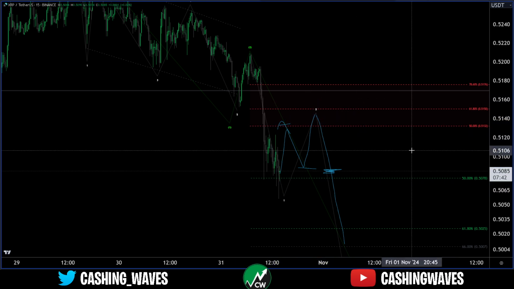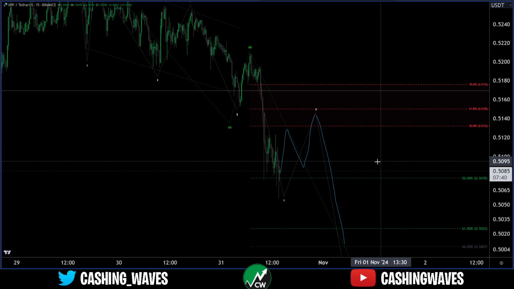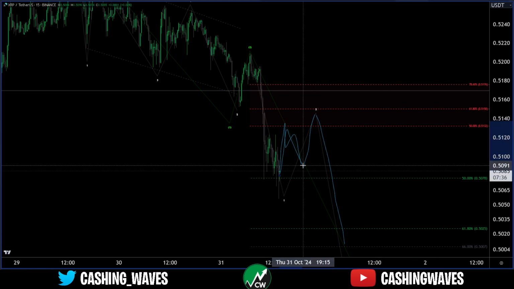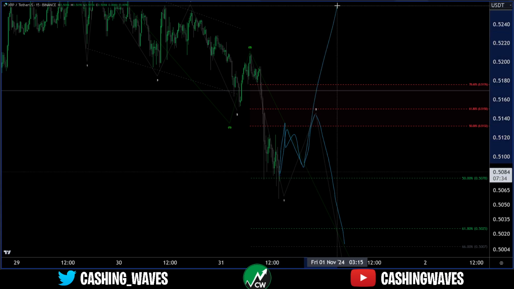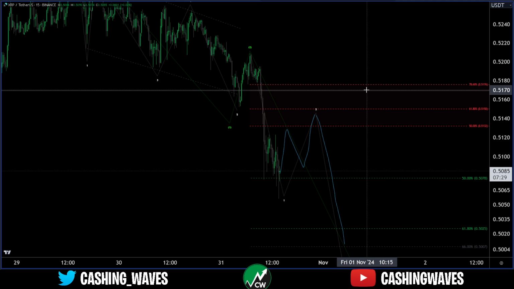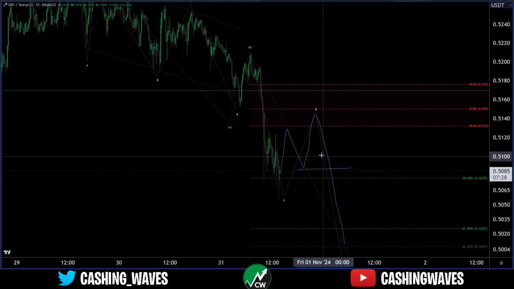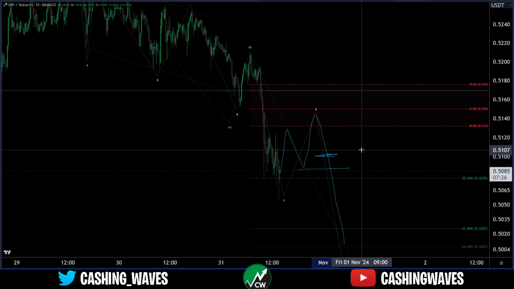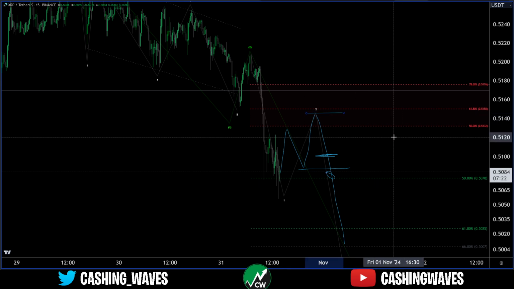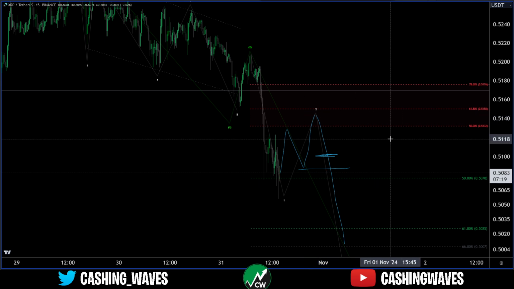But if we get this move up, a nice ABC, obviously I'm going to take that trade and hope we get that third wave, or a 1-2, then that third wave. Or if we break below, I'll probably get stopped out somewhere here around break even and look to shift short off this, stop at this high.